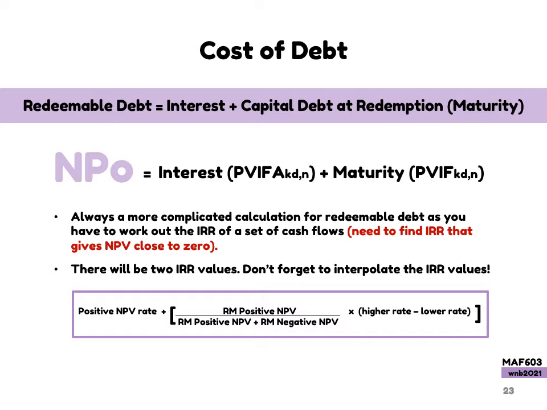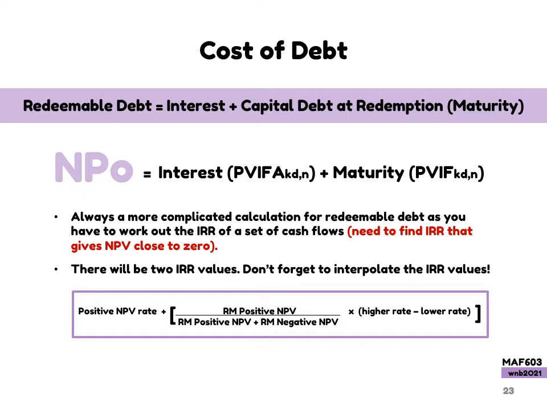As I mentioned earlier, it will involve the interpolation of IRR, internal rate of return. And it is always more complicated because you need to work out the IRR. So banyak kerja sikit lah. And you kena ingat balik macam mana nak cari IRR.